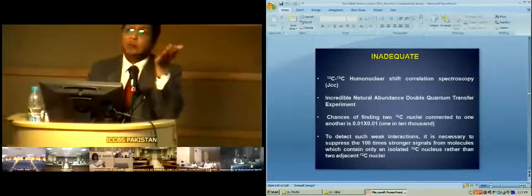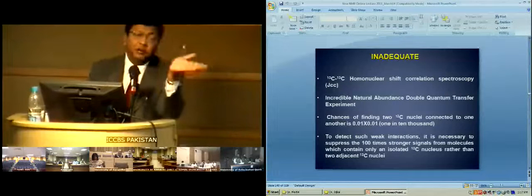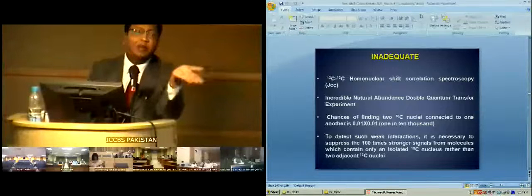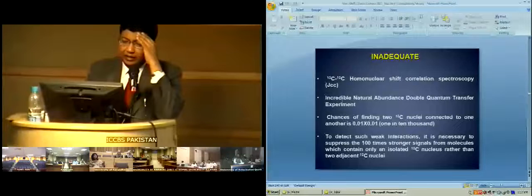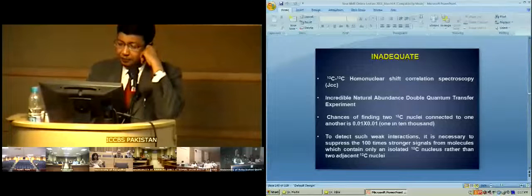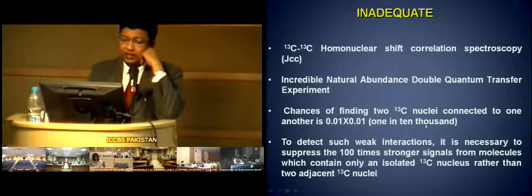Abundance means the abundance in nature, but when you label it, it's not natural abundance; they call it a labeled spectrum. And the chance of finding two carbon-13 nuclei connected to each other is 1 in 10,000.